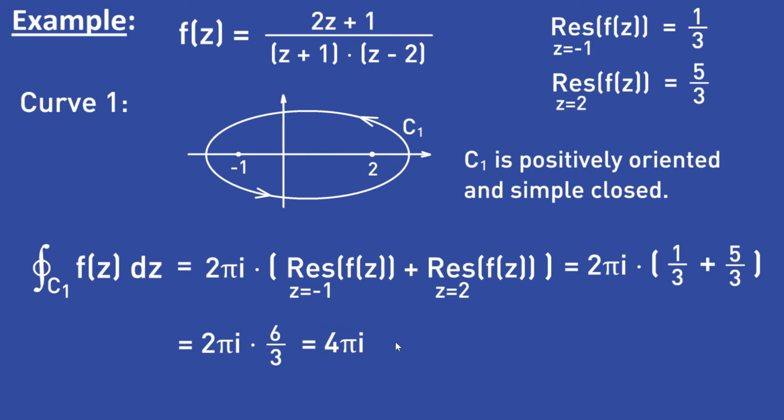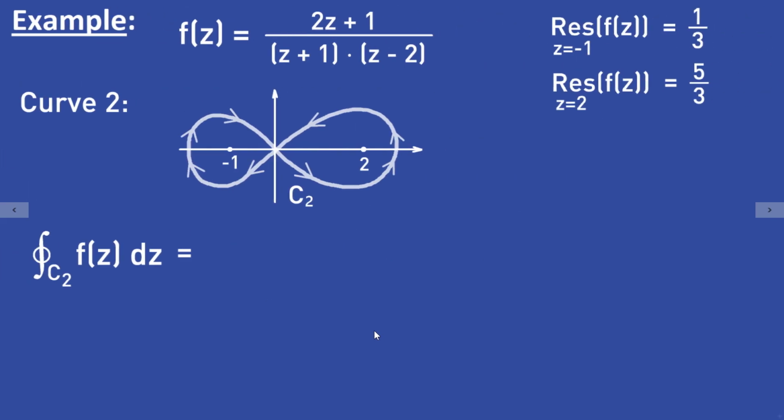Now we consider a different curve C2. The curve C2 looks like that. We want to evaluate the curve integral along C2. The problem we encounter now is the following.